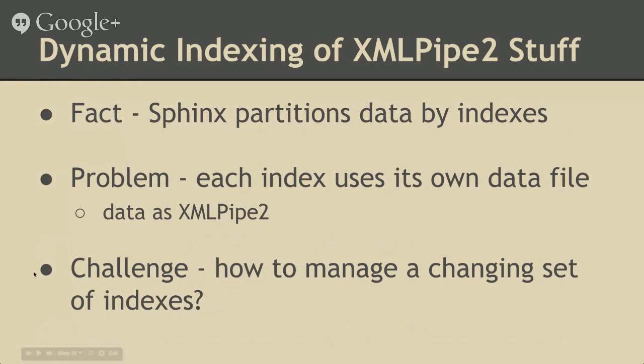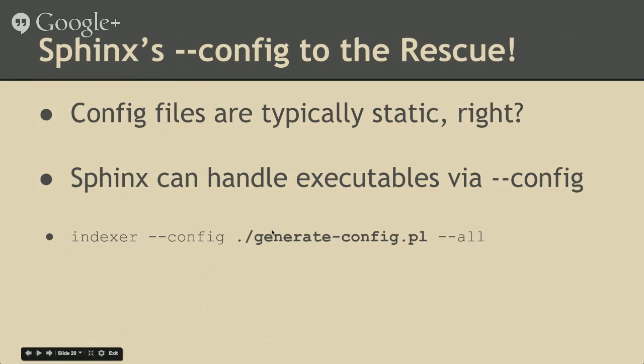So we already know Sphinx partitions data by indexes. The problem is that each index uses its own data file, so I'm maintaining a ton of sets of these XML files, which is not the problem. The challenge is how to manage generating or maintaining this configuration file that has all of these indexes. This is my favorite part about Sphinx: the configuration file can be a script, and that's not very common, I would think.